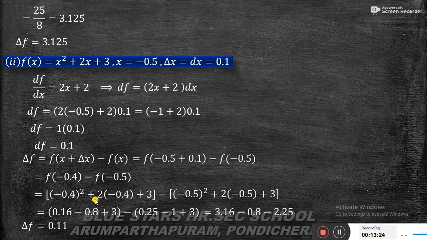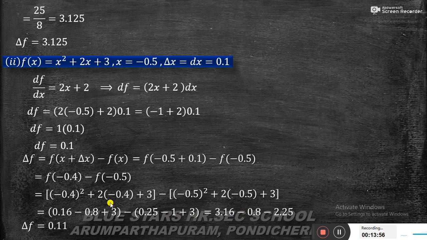And next, multiply 2 into minus 0.4 is minus 0.8, plus 3, minus (minus 0.5) whole square is 0.25, 2 into minus 0.5 is minus 1, plus 3. Now we add the numbers: 0.16 minus 0.8 plus 3, the answer is 3.16 minus 0.8.